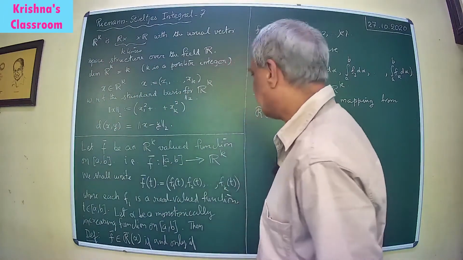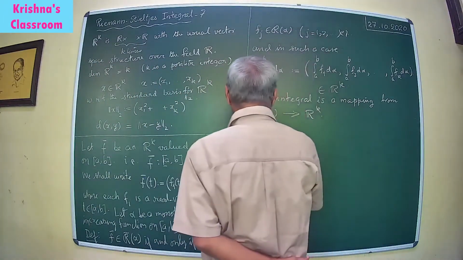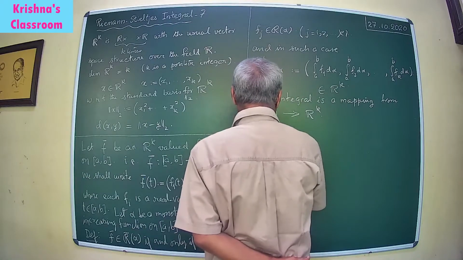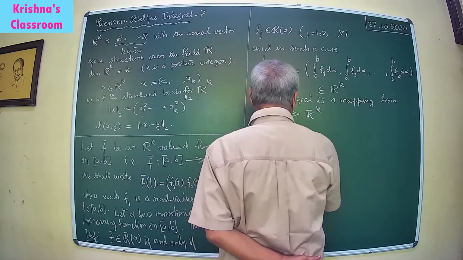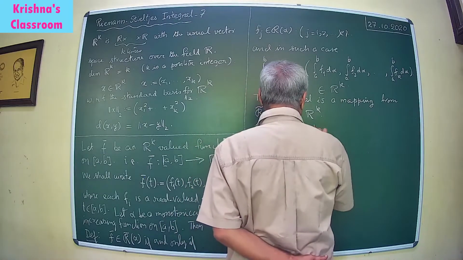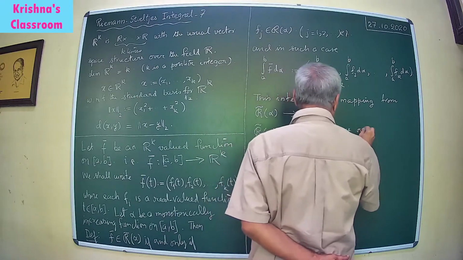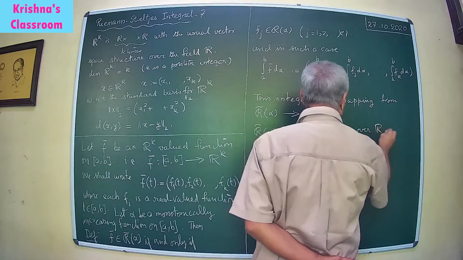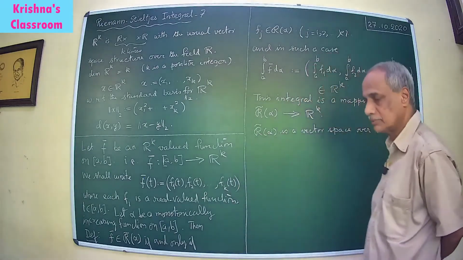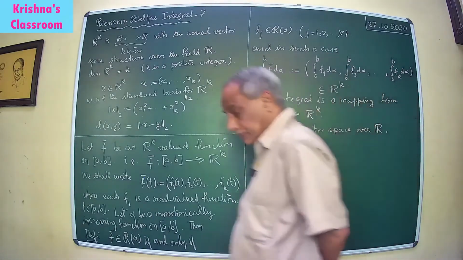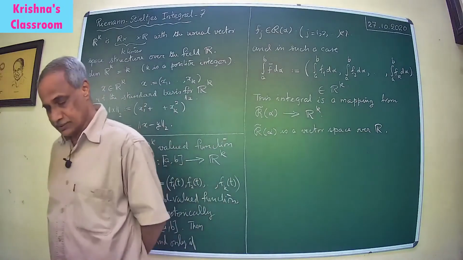Then one can easily see that this class over R is in fact a vector space.